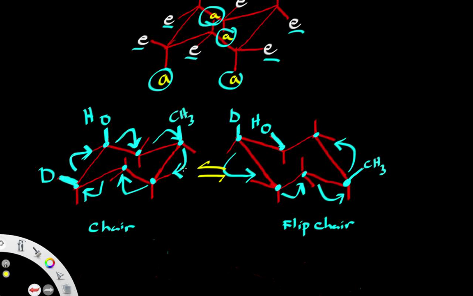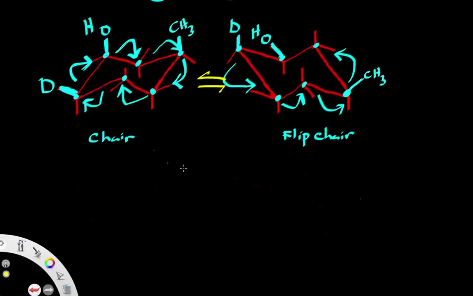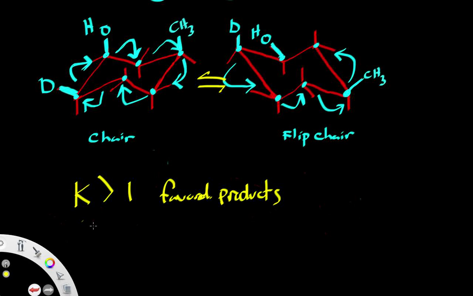And what I mean by equilibrium, if we go back to Gen Chem, remember if we have a K value, and K just represents that we are in equilibrium. If I have a K value that is greater than 1, then I am suggesting that my products are favored. And if I have a K value that is less than 1, I am suggesting that my reactants are favored.